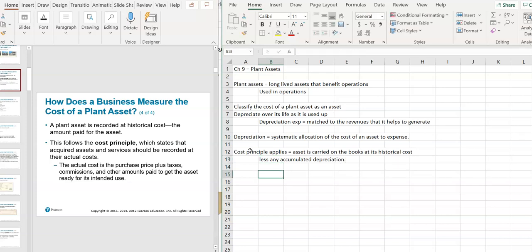And if you recall, we've talked about book value before. Book value is cost minus accumulated depreciation, and that's generally what shows up on the balance sheet.